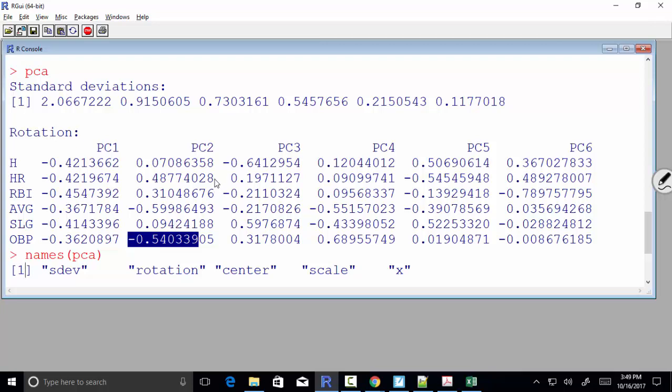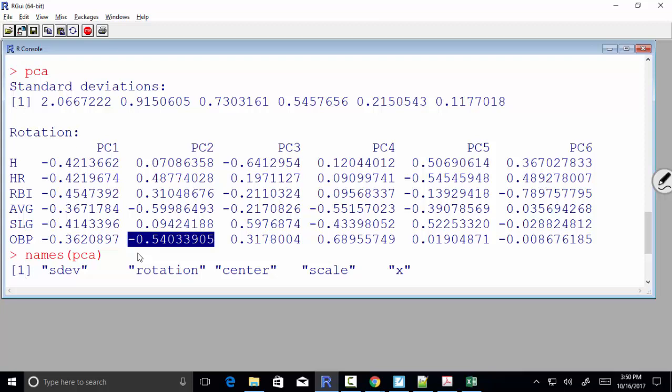What does come into play is positive coefficients for home runs and RBIs and negative coefficients for batting average and on-base percentage. The linear combination that defines PC2 is, roughly speaking, 0.5 times home runs plus 0.3 times RBIs minus 0.6 times average minus 0.5 on-base percentage.